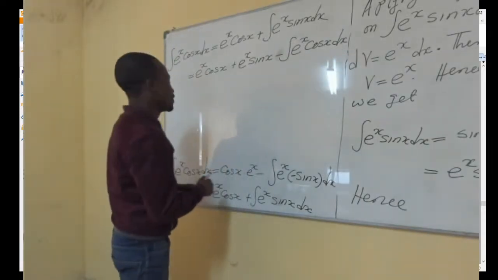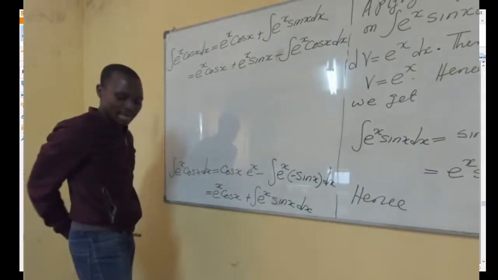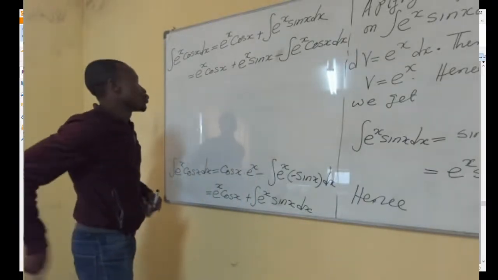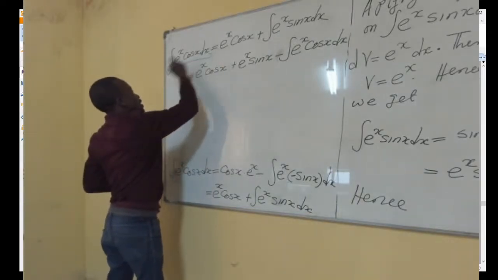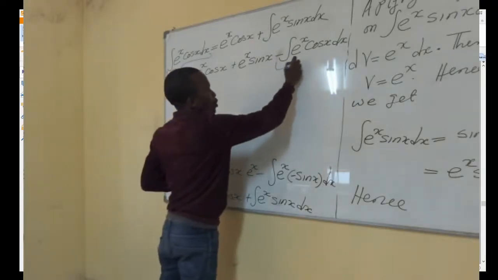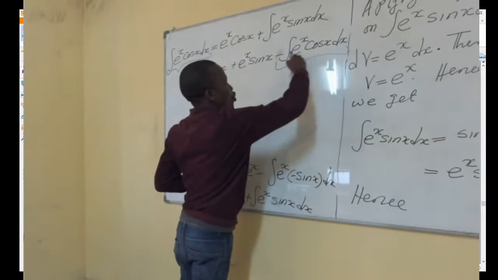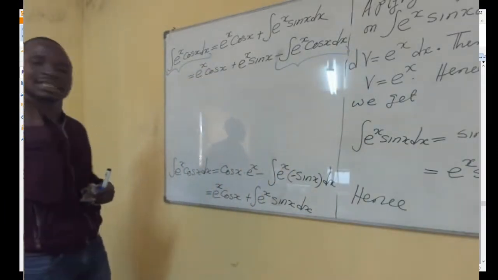Now, if you check, we have two things here which appear to be common. We have the integral of e power x cos x dx on both the left hand side and the right hand side.